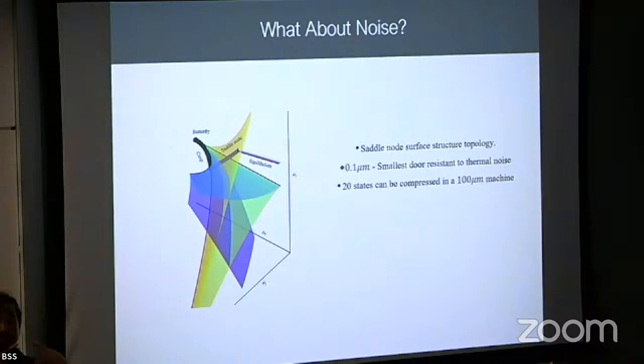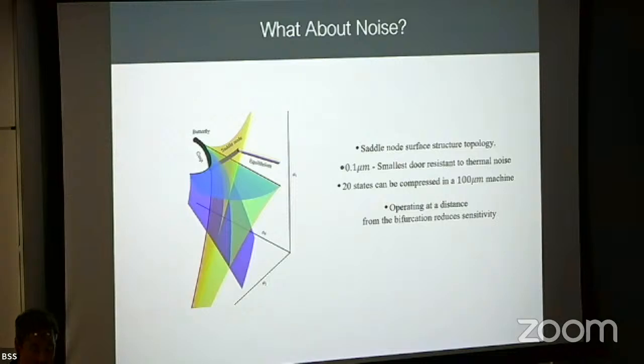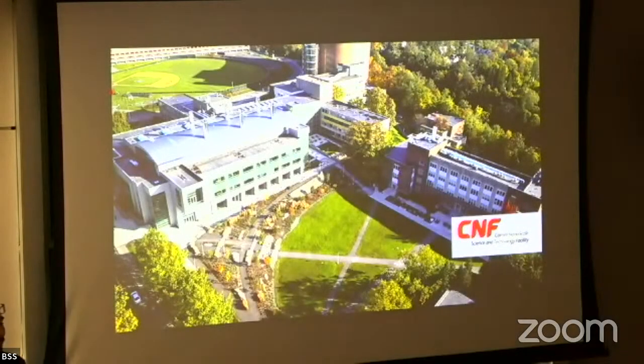Part of the problem is the more states you make, the less the barriers between the states. So energetically, there's a limit to how many states you can have in one of these machines, about 20 for a 100 micron machine. So I think that's most of what I want to say there.